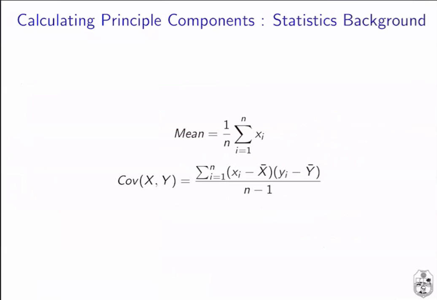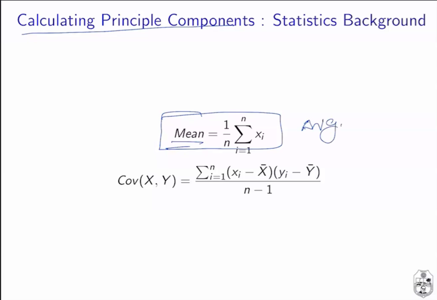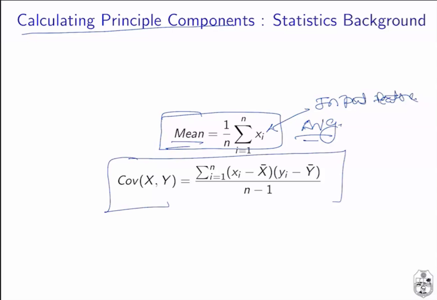Now here I will be explaining how to calculate the principal components. And for calculating the principal components, we need to know how to calculate the mean. This is the formula to calculate the mean or the average value, and xi is our input feature. And this is the way in which you calculate the covariance.